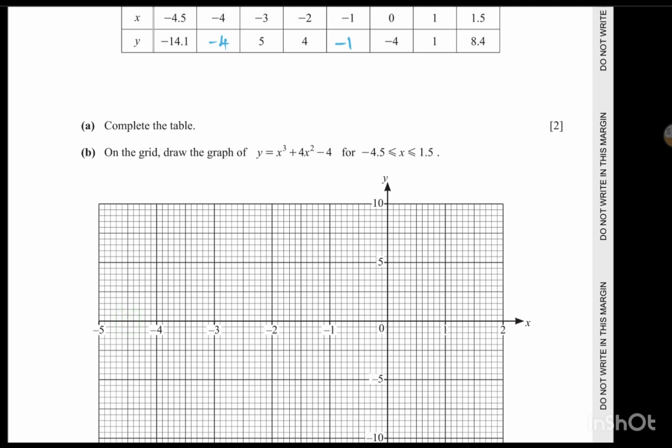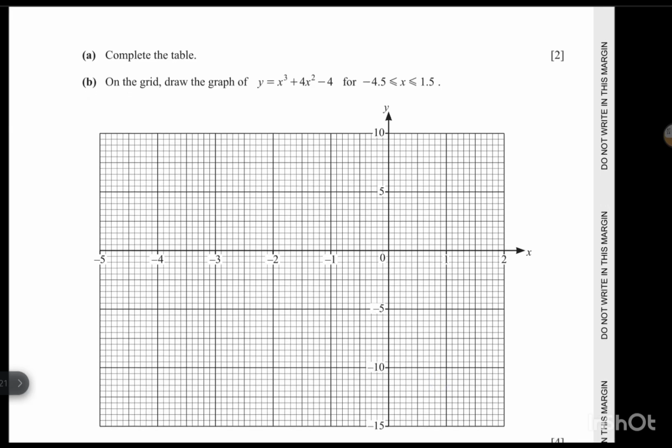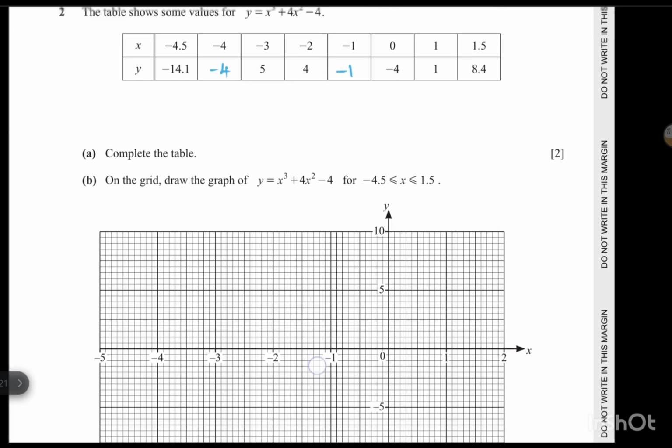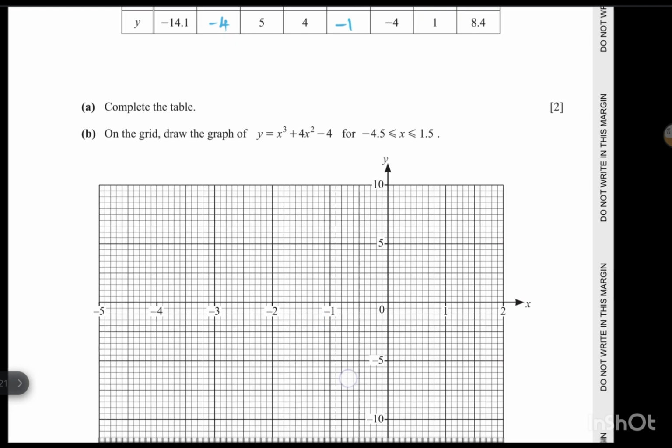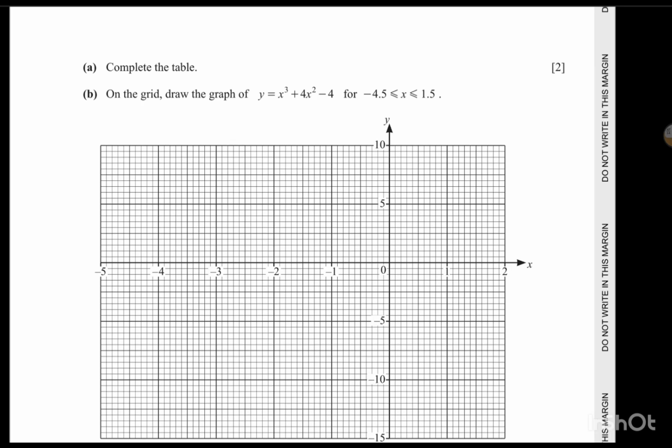We need minus 14.1 of y-axis. So minus 14.1 will be after minus 10 here below. So minus 10, these are 5 numbers on 10 divisions. So 2 boxes will be 1 number. So minus 10, minus 11, minus 12, minus 13, minus 14. So minus 14.1 is here.